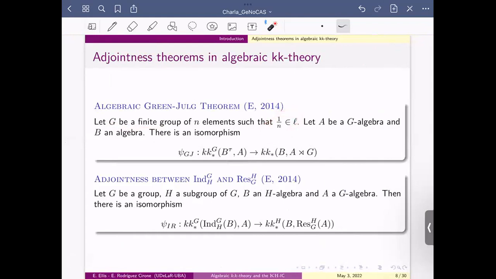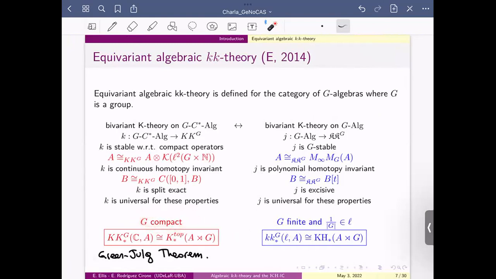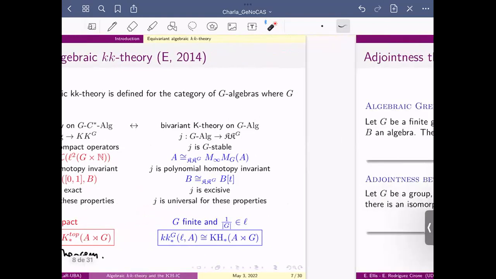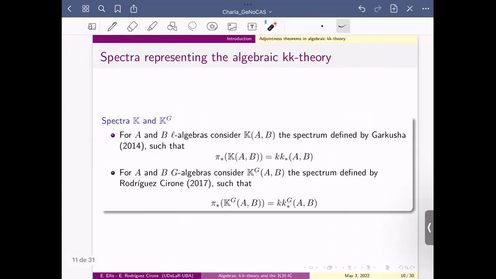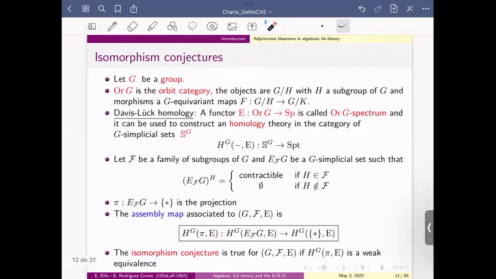There could be a dual version. This is the analogue of the compact version, but there is also a co-compact version, I think, and the dual version could exist. That was one thing that I put in the freezer and never thought about deeply. And in this slide, is G an arbitrary infinite group? Yes, it's arbitrary.